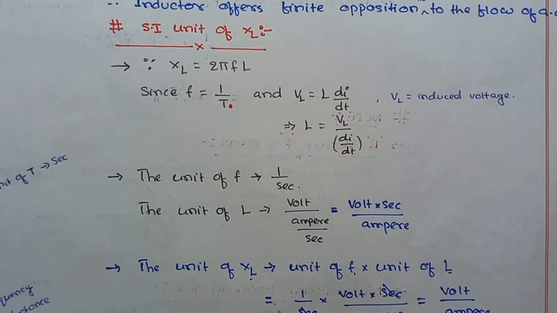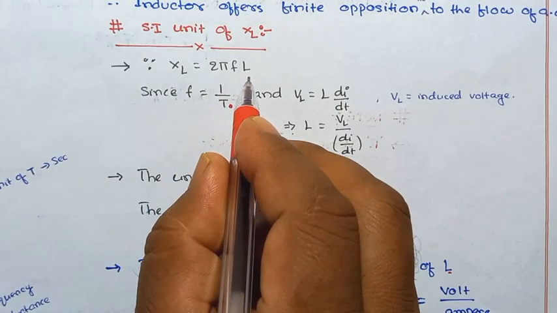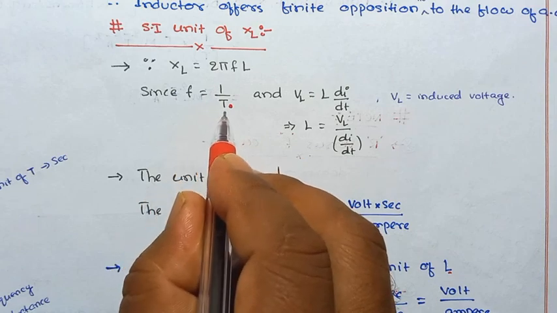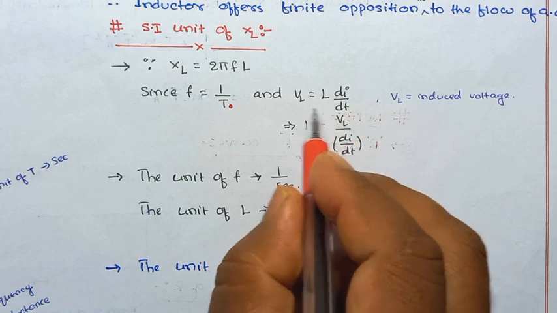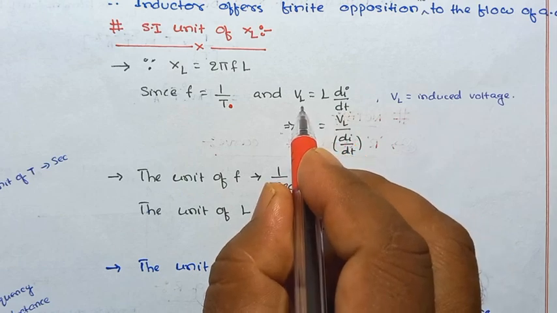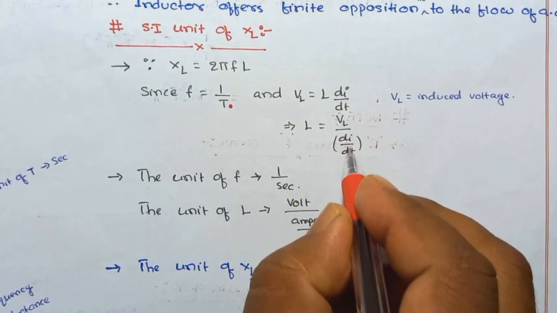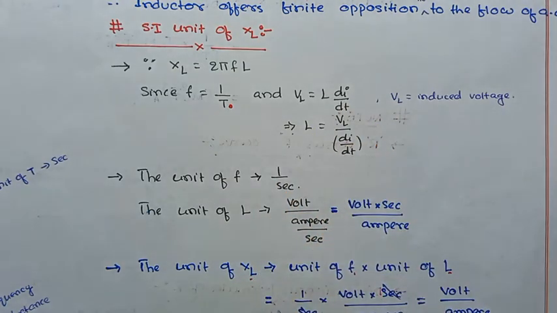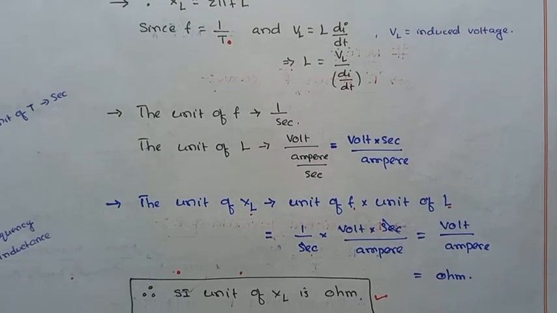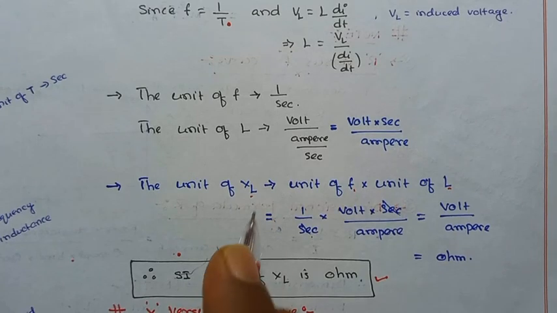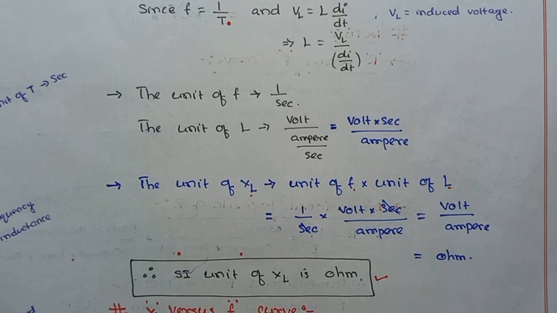Since XL is equal to 2 pi FL and F is equal to 1 by T, and VL is equal to L di by dt, here VL is the induced voltage or induced EMF. From this relation we get L is equal to VL by (di by dt). The unit of F is 1 by second because F is equal to 1 by T and T is measured in seconds. So the unit of F is 1 by second.